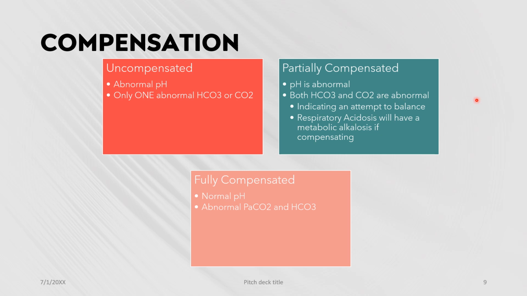We're going to have some sort of attempt to balance. So if we have a respiratory acidosis, our bicarb's going to be high to try to compensate for that acidosis. And then fully compensated is when we have a normal pH, but our CO2 and our bicarb are abnormal.